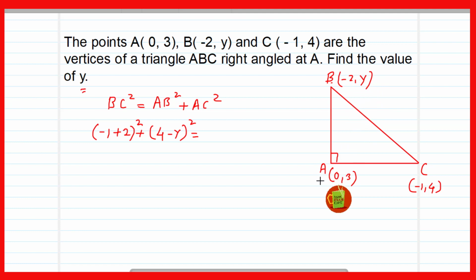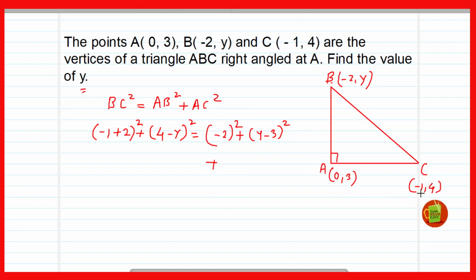So it will be (x2 minus x1) square, that is (-2 minus 0) square, plus (y2 minus y1) square. So it will be (-2) square plus (y minus 3) square, then plus AC square.